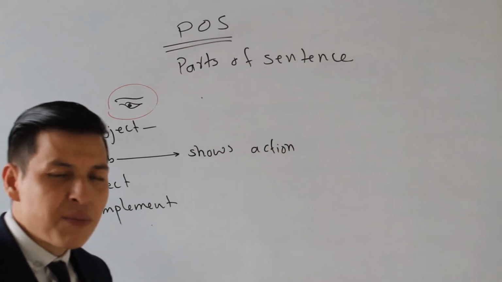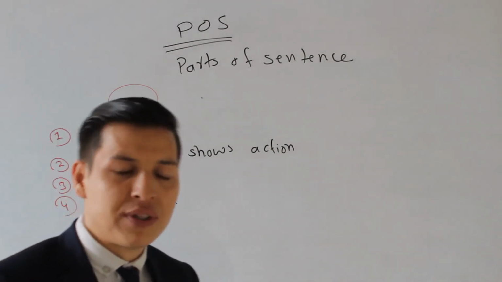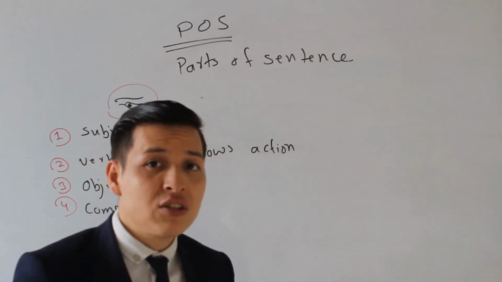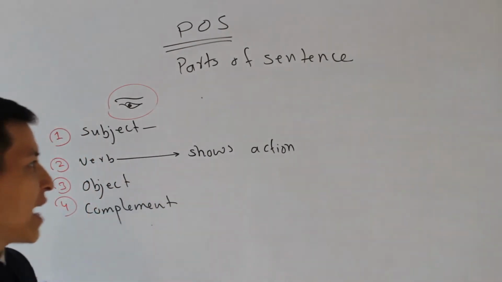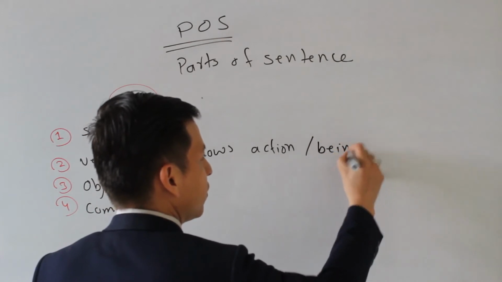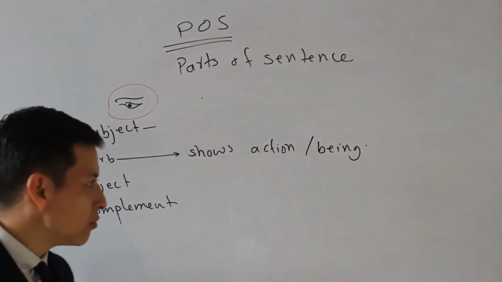In case of, for example, more details, we will talk about verbs in the other videos. We will see the kinds of verb, all classifications of the verb we will discuss. So in here just you should know that it shows action or it shows what? Being. So the job or the function of the verb is to show action or being.